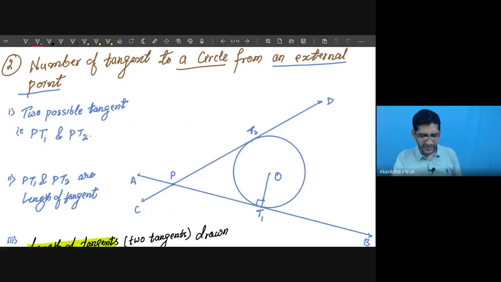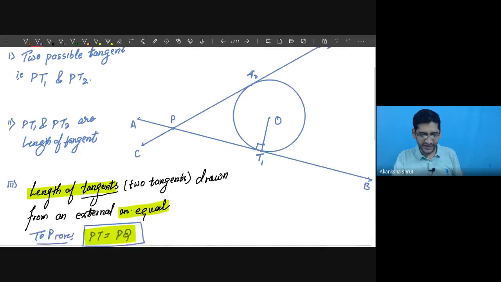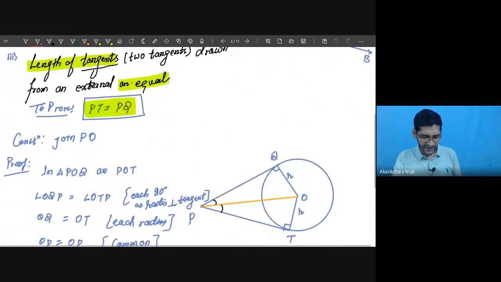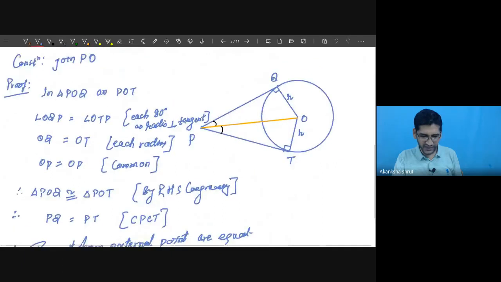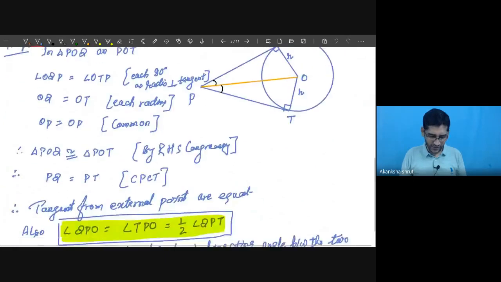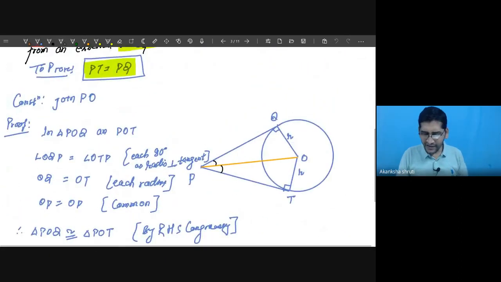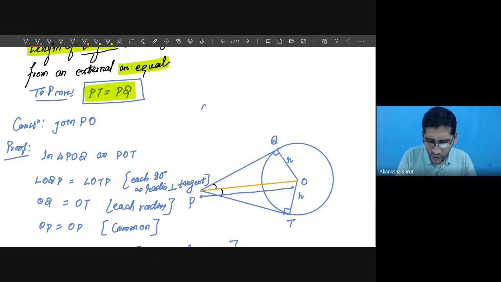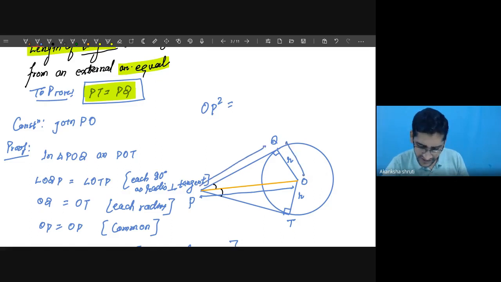The next thing that we have learned about the number of tangents on a single circle: there can be two tangents from any external point, that is one thing. Then the length of this tangent can be calculated. These two tangents are equal, that is one thing, and the angles made are also equal. Another relation here, this is acting as the hypotenuse. So OP square is equal to this R square and the length of tangent L square.